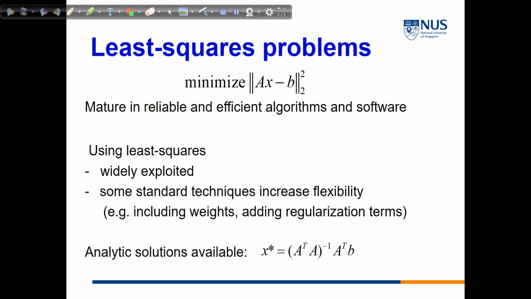The standard format of a least squares problem is listed as minimizing this square format objective function. So this is a linear format using a matrix formulation, and this is the square of the error term. Don't be worried about getting an exact understanding of this. Let's do this step by step. But this least square problem is so widely exploited that many standard techniques can solve the problem very efficiently.